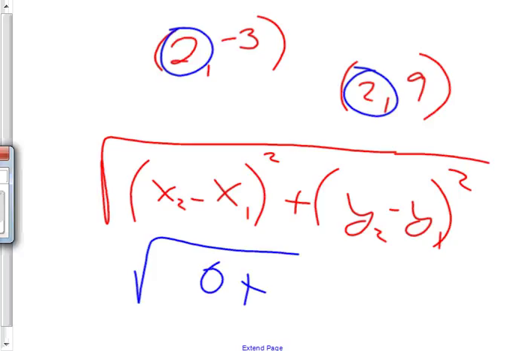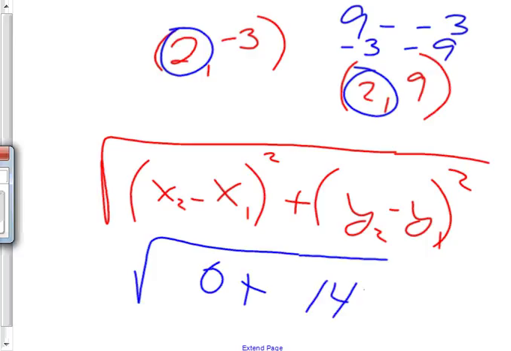No, actually it'll come out the same. If I go 9 minus negative 3 or negative 3 minus 9, either way, wait a minute. Yeah, that's right, because one's 12 and one's negative 12, but then I'm going to square it anyways, 144. And then the square root of 144 plus 0 is just 144, which is 12. Did you get that as a distance between these 2 points?